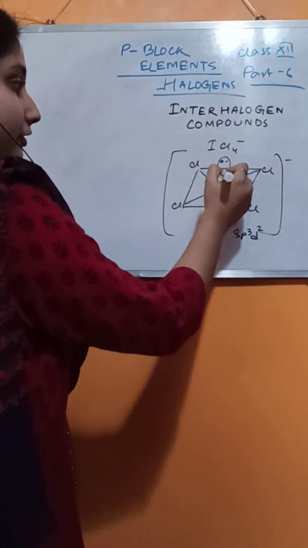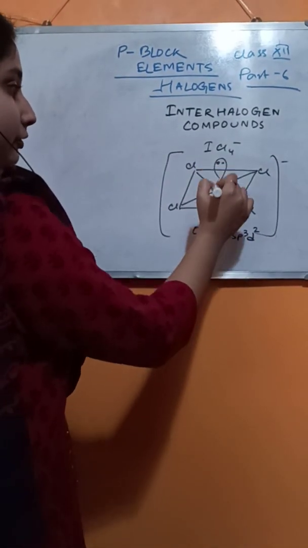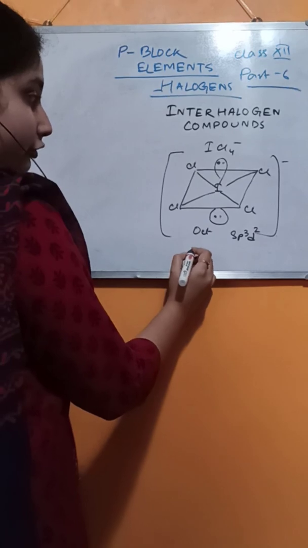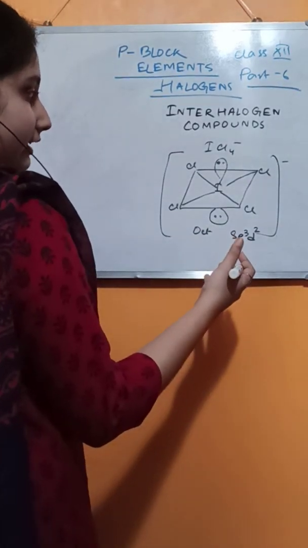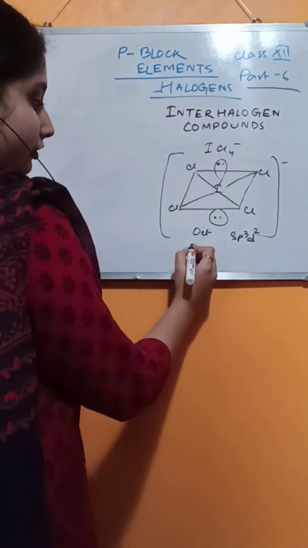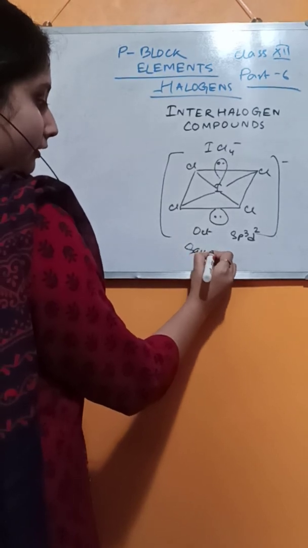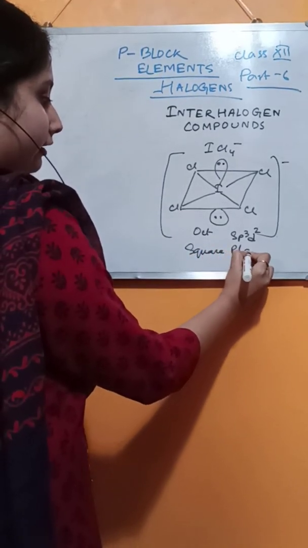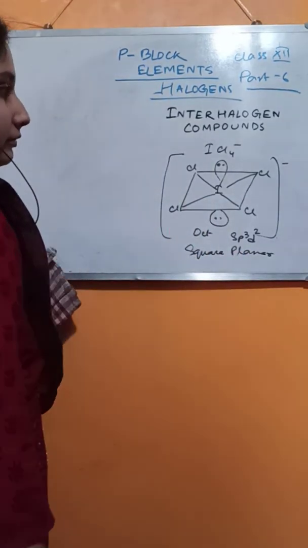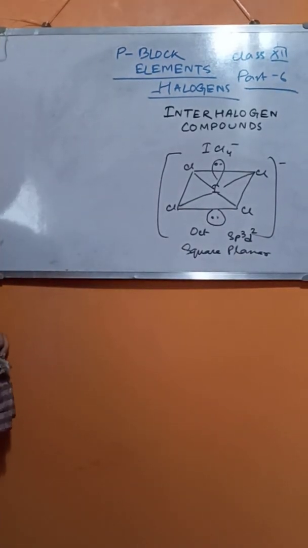But due to the presence of 2 lone pairs in the 2 axial positions, the actual structure differs from the ideal structure, and the actual structure is square planar.